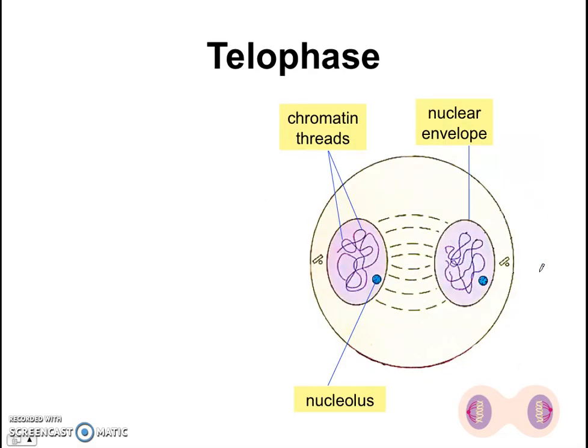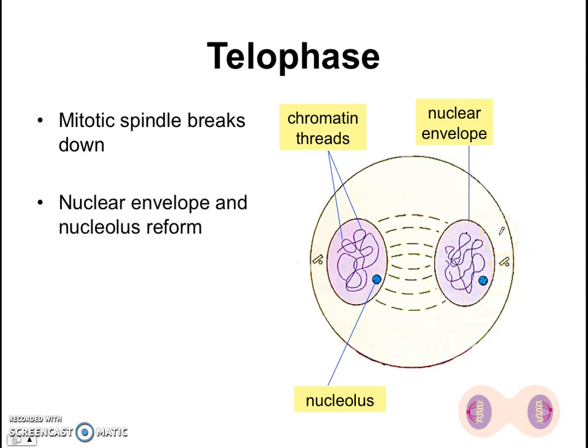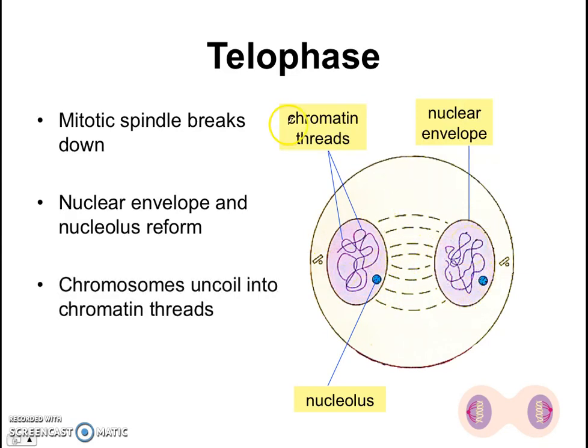So during the telophase, you can see that by now the mitotic spindle completely breaks down. So all the spindle fibers have broken down. The nuclear envelope and the nucleus will reappear on both ends of the cell. And you notice that the chromosomes uncoil back into chromatin threads.